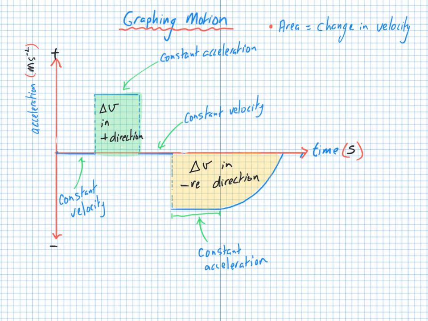However, you could imagine that the object could have had a positive velocity already, in which case this would represent the object getting even faster in the positive direction. However, it is possible that the object could have been travelling in the negative direction at time t equals 0, and this would actually represent perhaps a slowing down of the object.